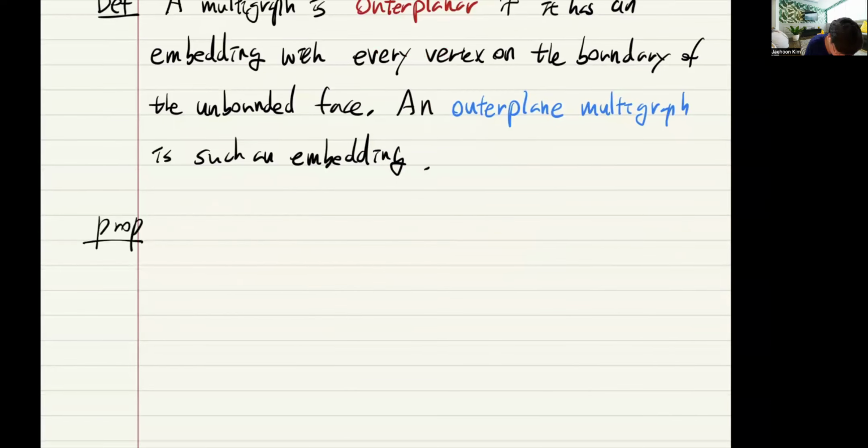Then with this, we can show that K4 and K2,3 are planar, but not outerplanar.